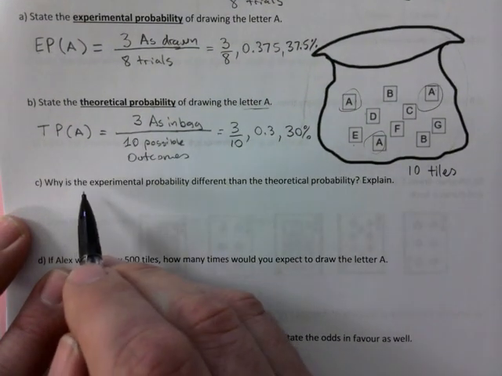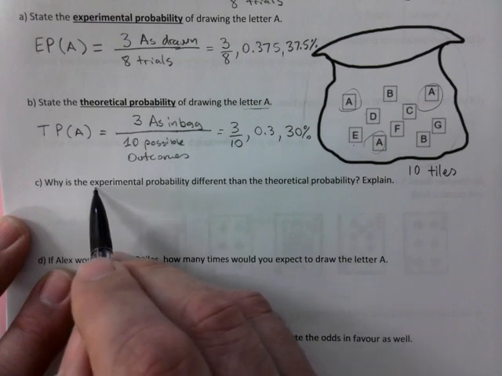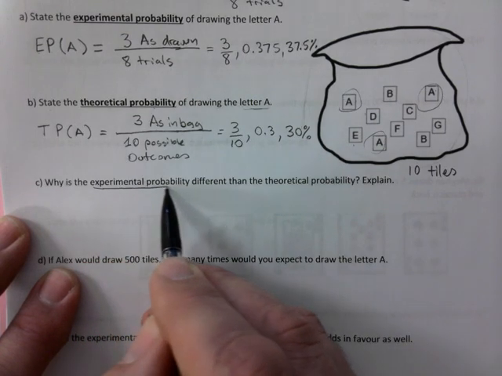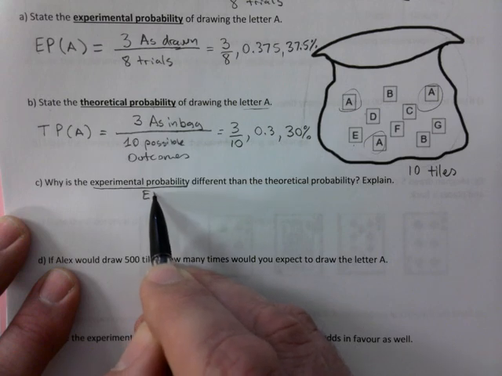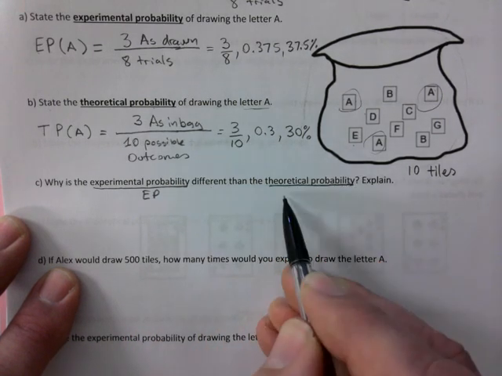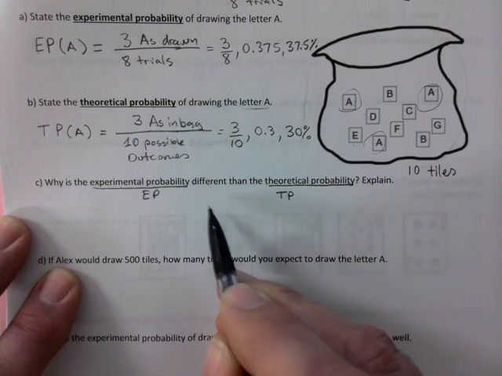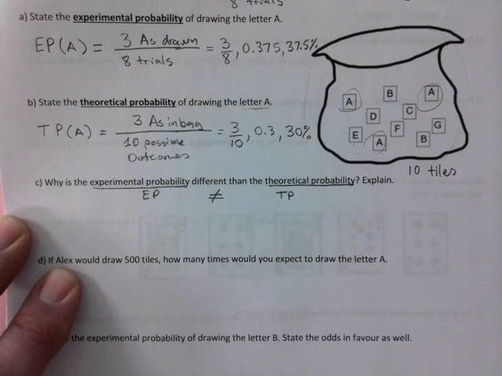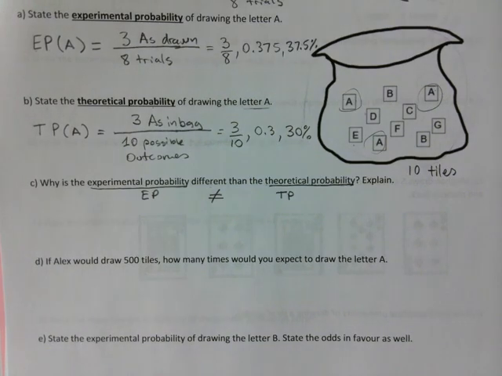And so here's what we're going to explain. Now, why is the experimental probability different than the theoretical probability? Okay, why are they not the same? Why are they not even close? It's quite a bit of difference there.